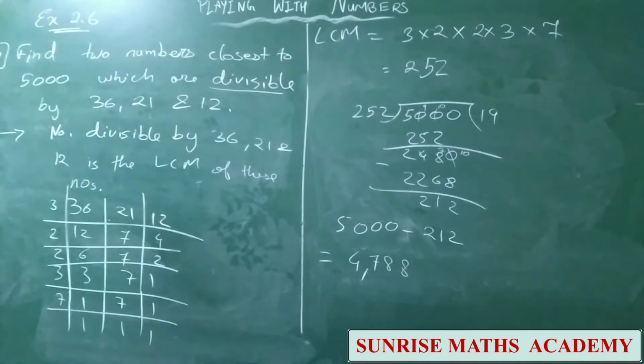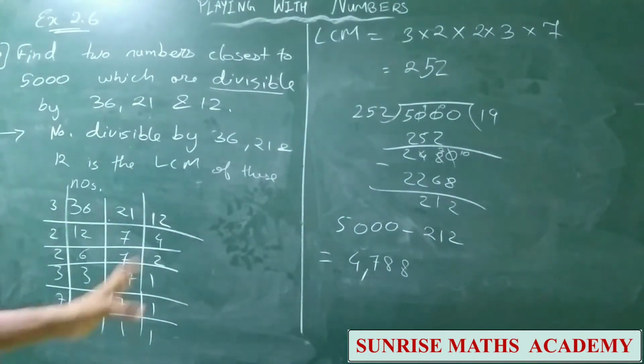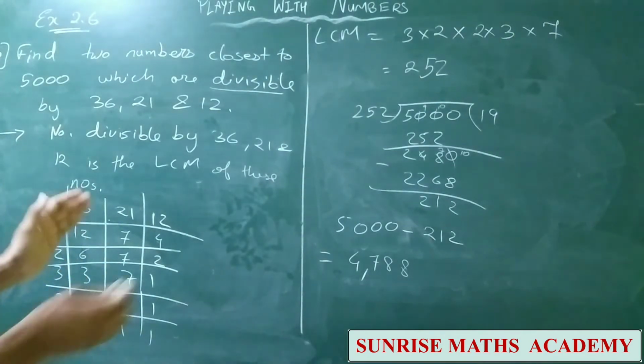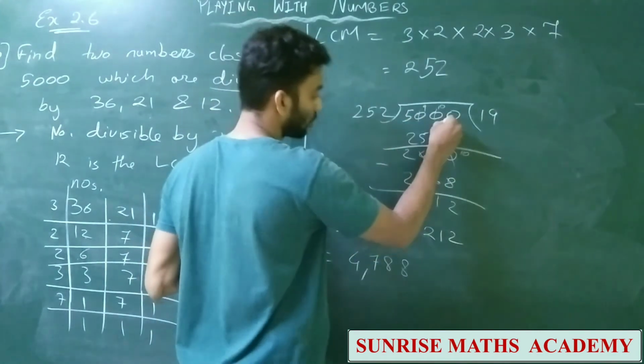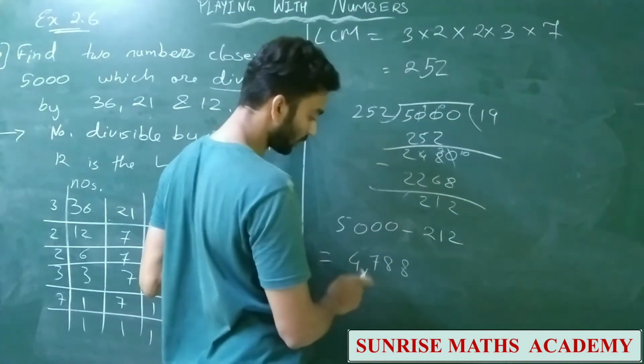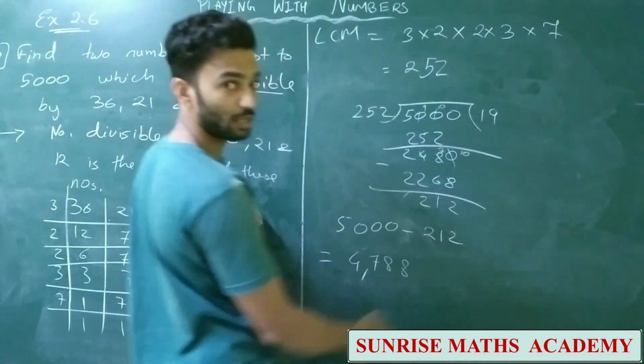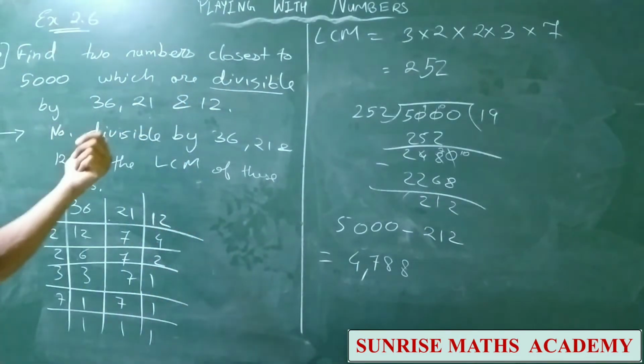Now they have asked to find two numbers closest to 5000. So this number is closest to 5000 because we found a number smaller than 5000, for which we removed the remainder. So we got 4788 which is divisible by 36, 21 and 12.